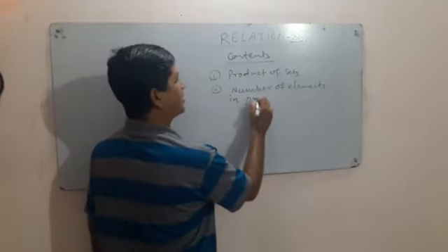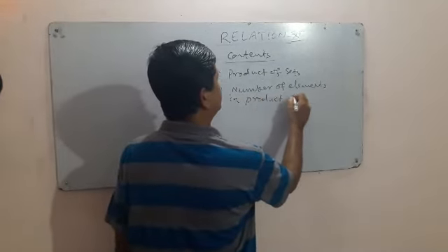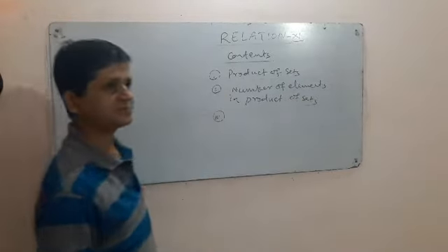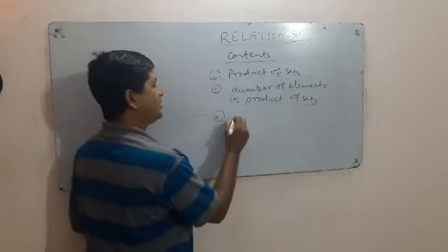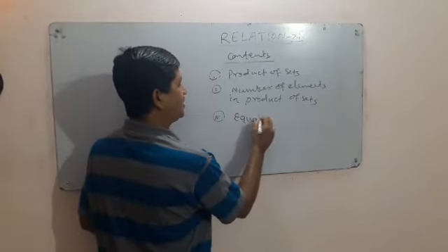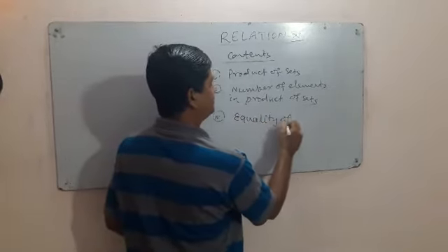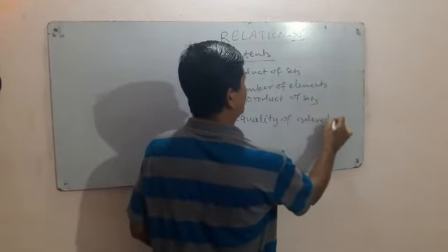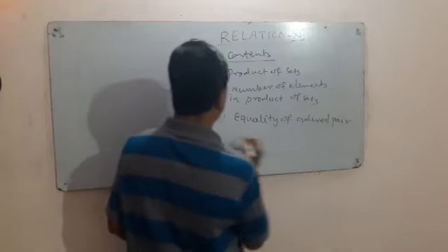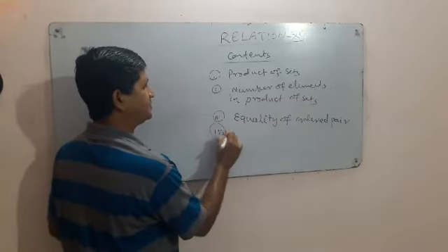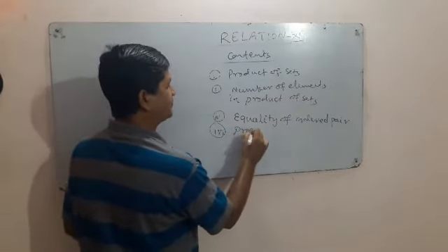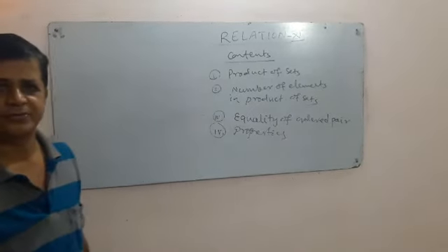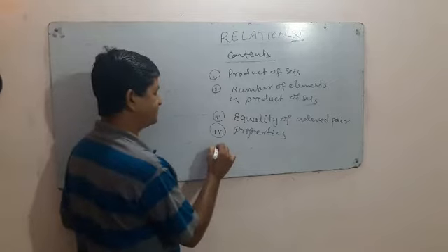Third bit, equality of ordered pair. Fourth bit, properties of product of sets.